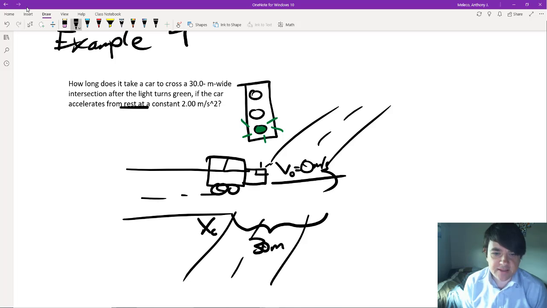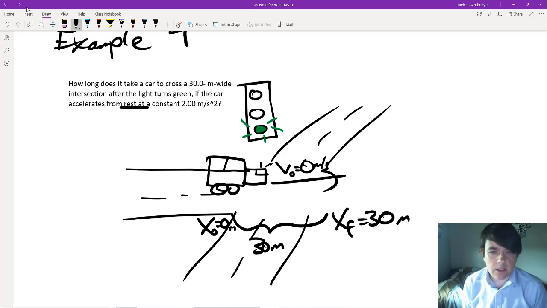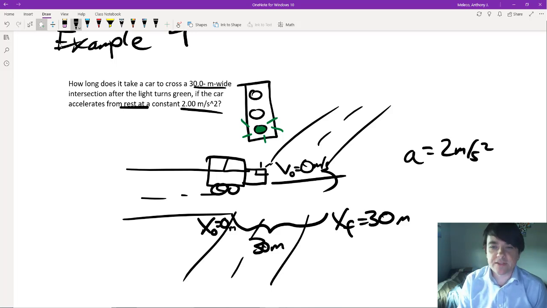So that means the x initial is 0, x final is 30 meters. Okay, so that covers that information. Light turns green. The car accelerates from rest at a constant 2 meters per second squared. Great, so this is all the information that we need.